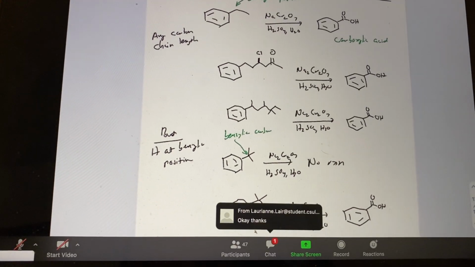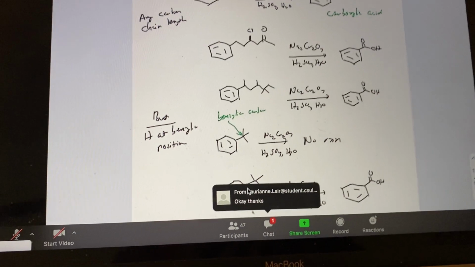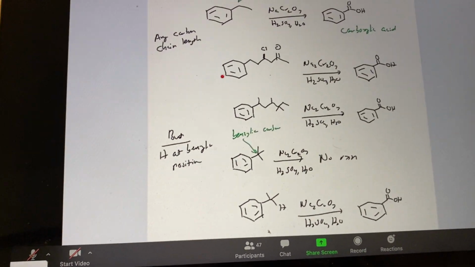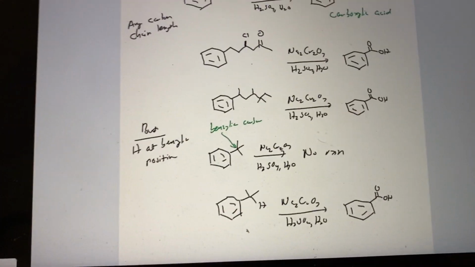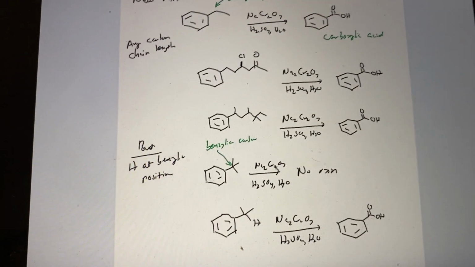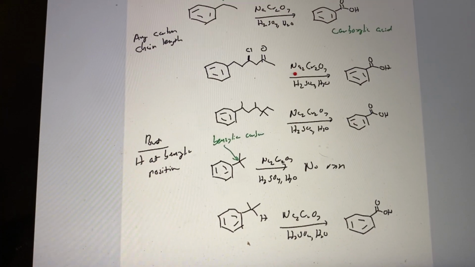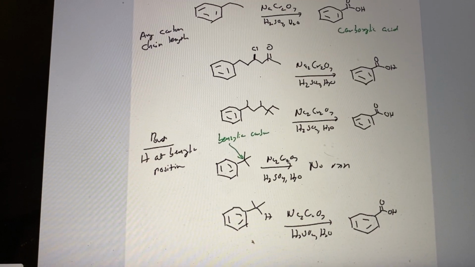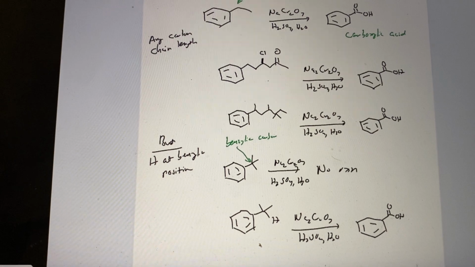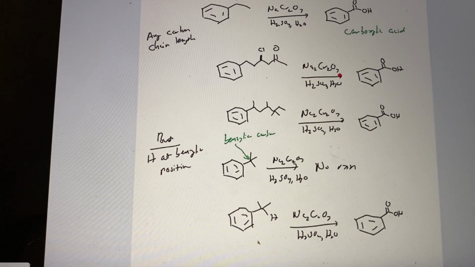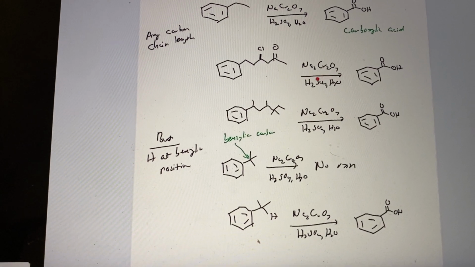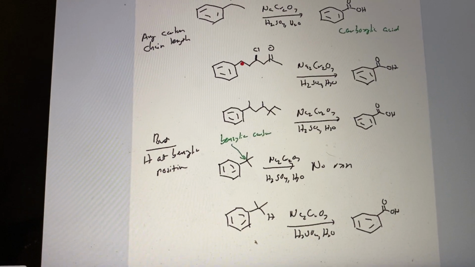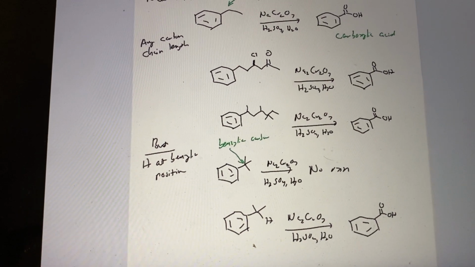And you can also have other functional groups on the benzene. So if you have an ether over here, for example, you'll still get the carboxylic acid. Okay? So this is actually a strong oxidizing agent as well. So it goes back to the Jones reaction that we saw earlier with chromic acid. This is sodium dichromate, Na2Cr2O7. And this can be used in a bunch of different reactions. One of the useful ones is the generation of a carboxylic acid here at the benzylic position.